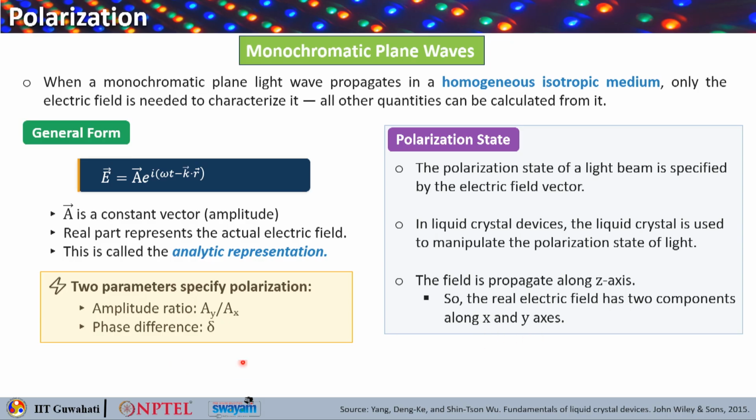So you can assume Ax as the component along the x axis, and Ay as the component of the real electric field along the y axis, and you can take the ratio of Ay by Ax, which is called the amplitude ratio. This is an important parameter to specify the polarization of light. The other parameter is delta, the phase difference between these two components x and y.